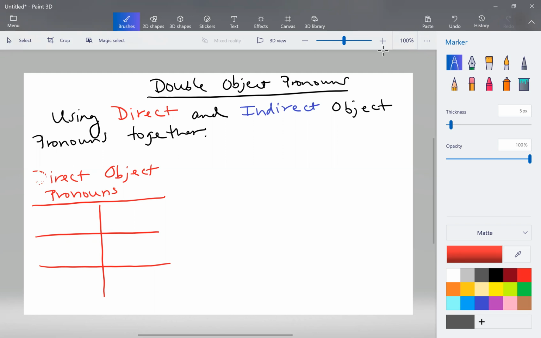Those are like me, te, nos. The top four are the same for both of them. The bottom ones change.